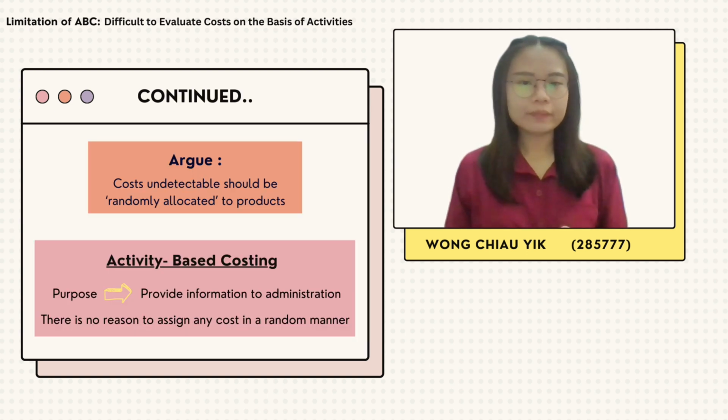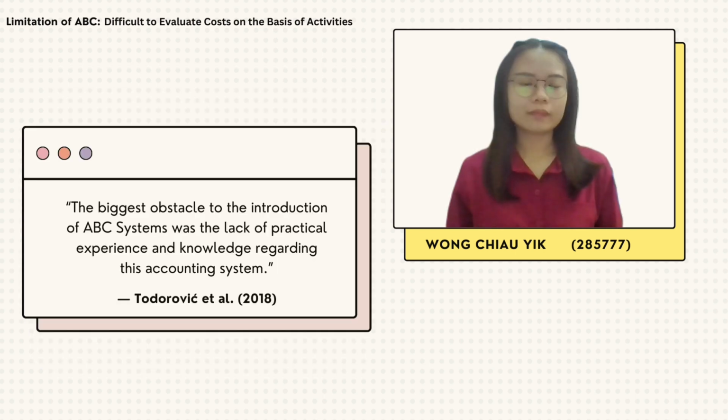However, some may argue that costs undetectable to activity should be randomly allocated to products. It is significant to understand that the only purpose of the ABC costing system is to provide information to administration. Third, there is no reason to assign any cost in a random manner.